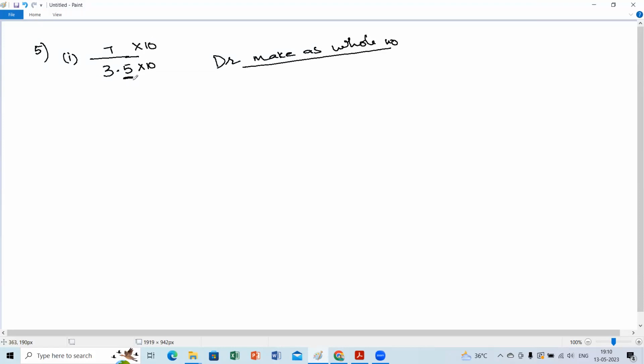Whatever change I did for the denominator, the same operation I do for the numerator. 7 into 10 is 70. 3.5 multiplied by 10, the decimal jumps towards the right side, is 35. 35 ones are 35, 35 twos are 70. So 2 by 1 is nothing but 2.